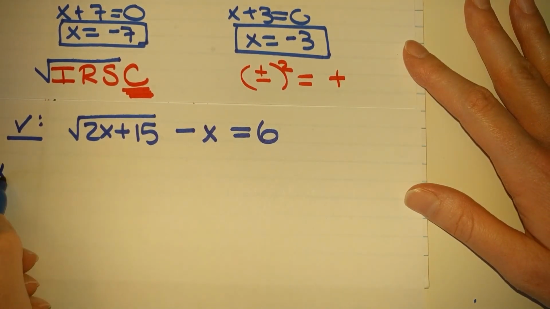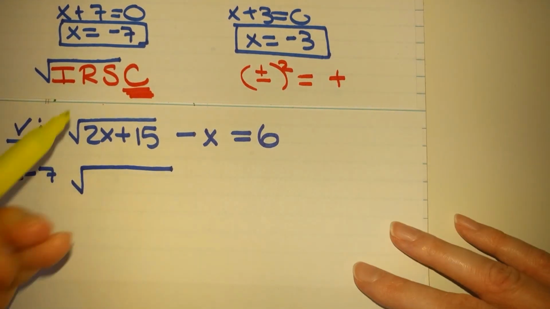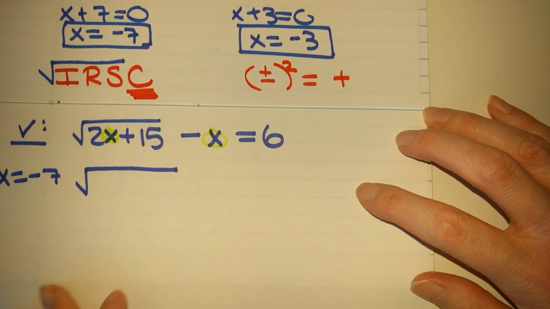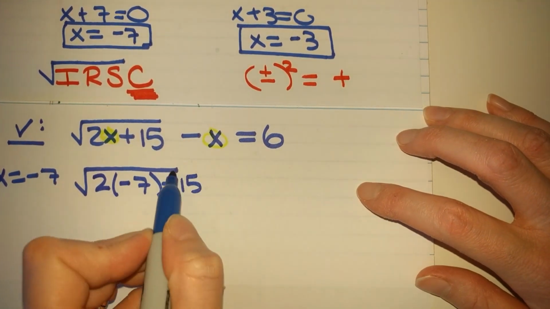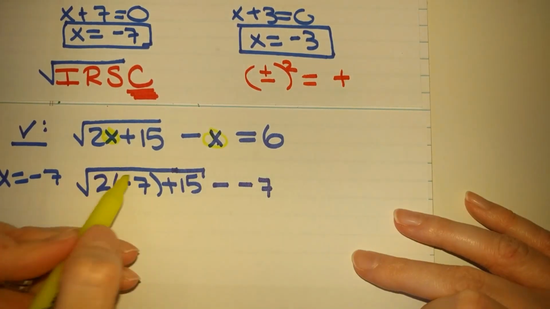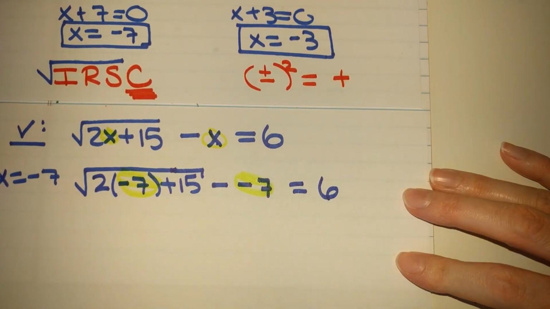And we simply plug in x is equal to -7 and see if that checks out. So again, this x will get plugged in for -7, that x will get plugged in for -7. So we have 2 times -7 plus 15 minus -7 equals 6.